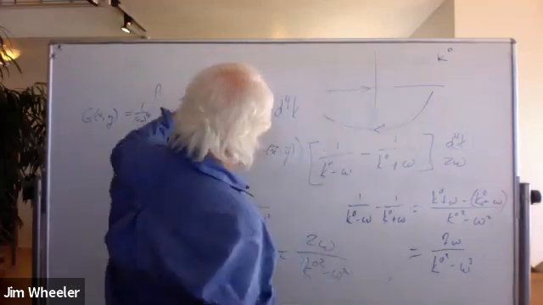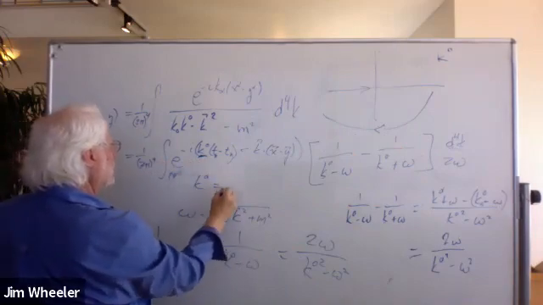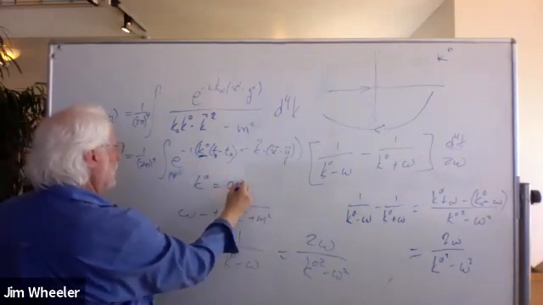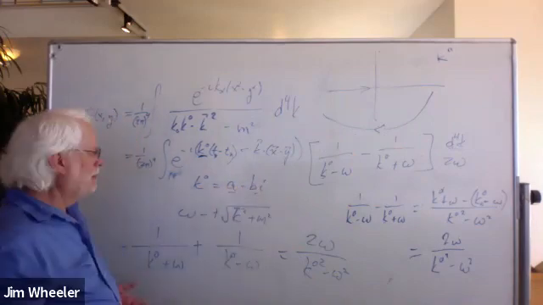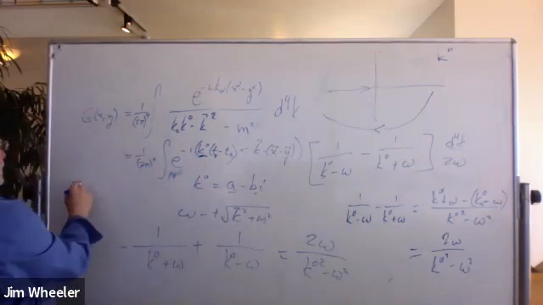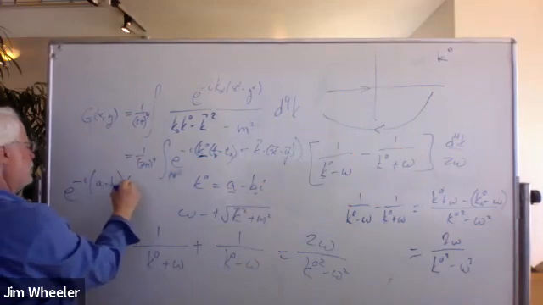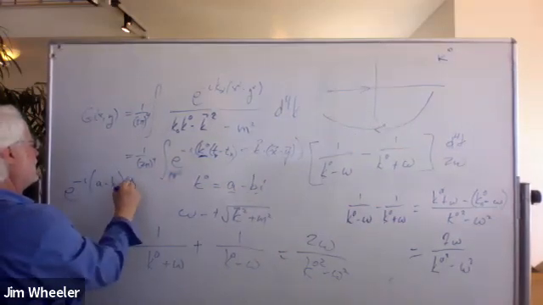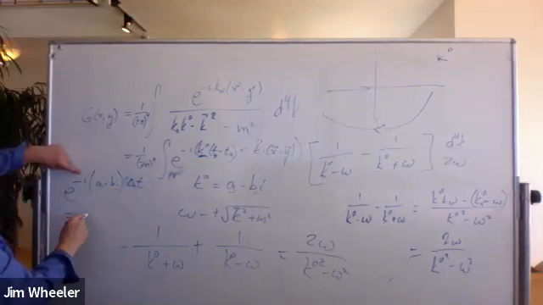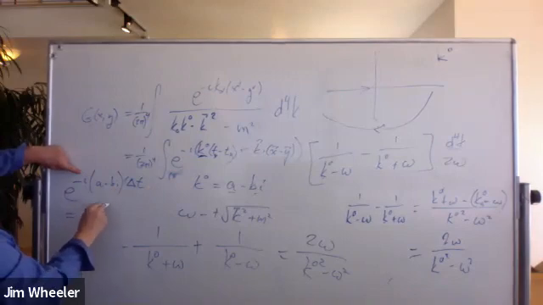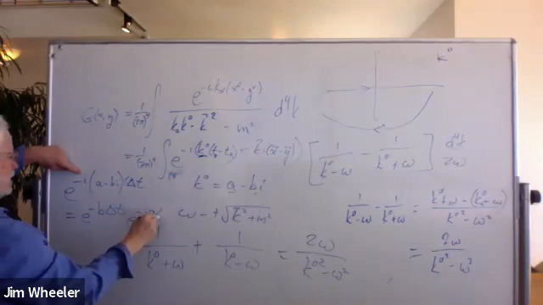If I put a loop down here so that k has a negative imaginary part, so k is equal to a minus bi, where a and b are some positive numbers, then e to the minus i times a minus bi, just call it delta t, delta t I'm taking positive here. The two imaginary bits are going to give me e to the minus b delta t. And then there will be a phase, e to the minus i a delta t.